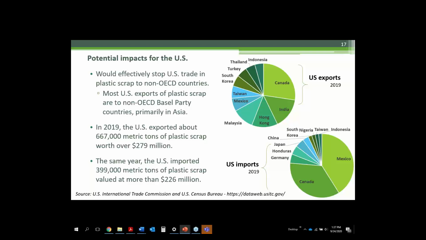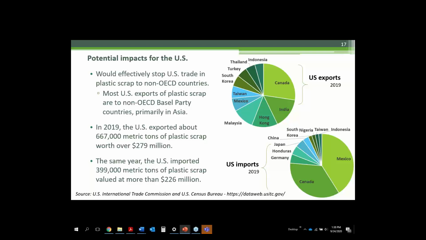We export almost 700,000 metric tons of plastic, worth almost $300 million. And last year we imported almost 400,000 tons, valued at $226 million.